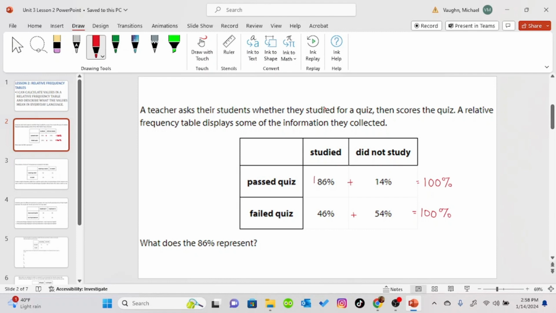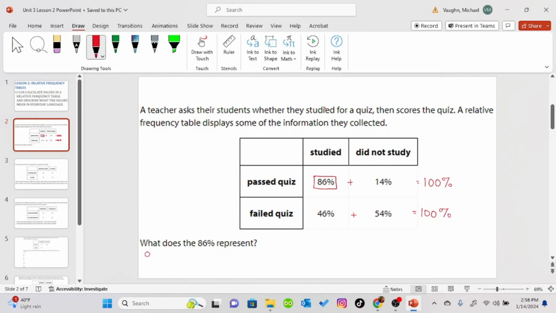So this 86% here is not 86% of everyone who was surveyed. This is 86% of those who passed the quiz.